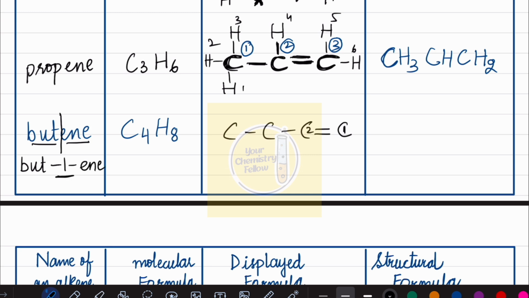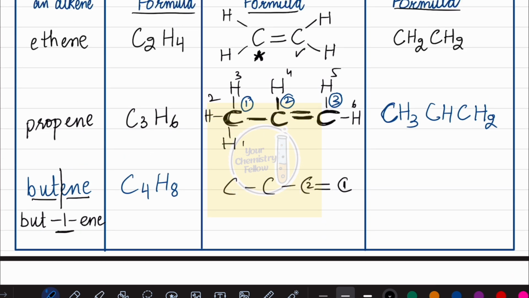As the double bond is present between carbon number 1 and 2, the name of this alkene will be but-1-ene. 1 shows the position of the functional group in the compound. It is very important to mention the position of the functional group in an organic compound.